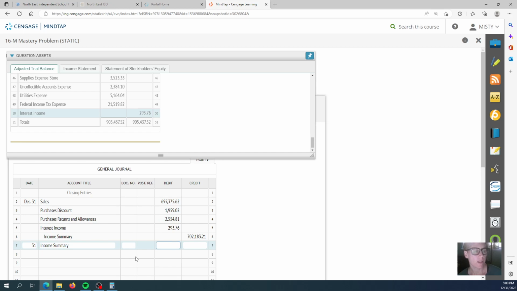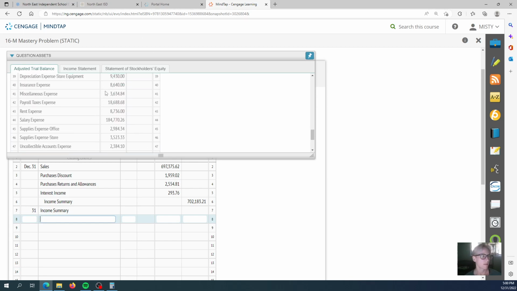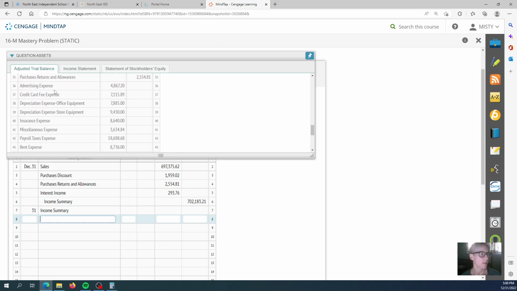Okay, how do we come up with that total? Well, that debit amount is going to be the sum of all of our expenses. So let's go ahead and start listing those expenses. Starting with advertising expense, right? Okay, advertising expense. And since these are debit entries, we are going to put them in as credit entries to zero them out.